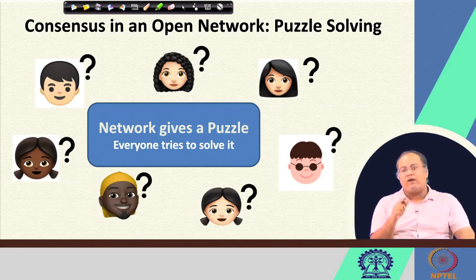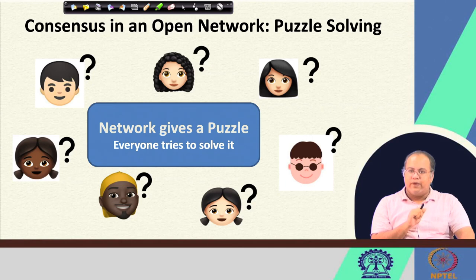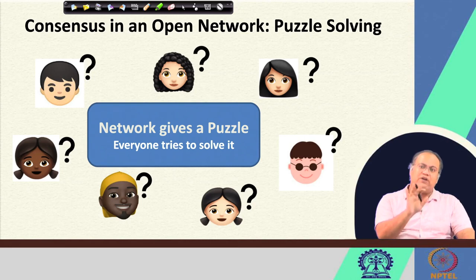In that case, I will not have one leader, I will have more than one leader, I will have multiple leaders. Again I would need to run a consensus algorithm among those leaders to find out what we are going to do, and I do not want that. So I need to give a really hard puzzle, so that I know it will take time.